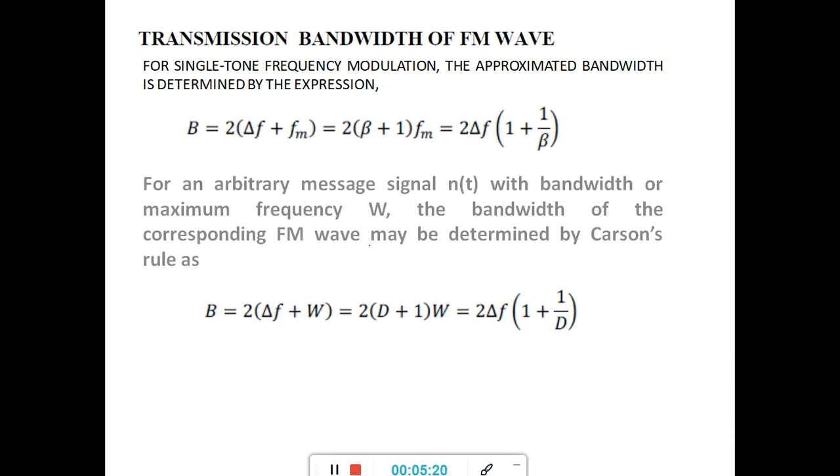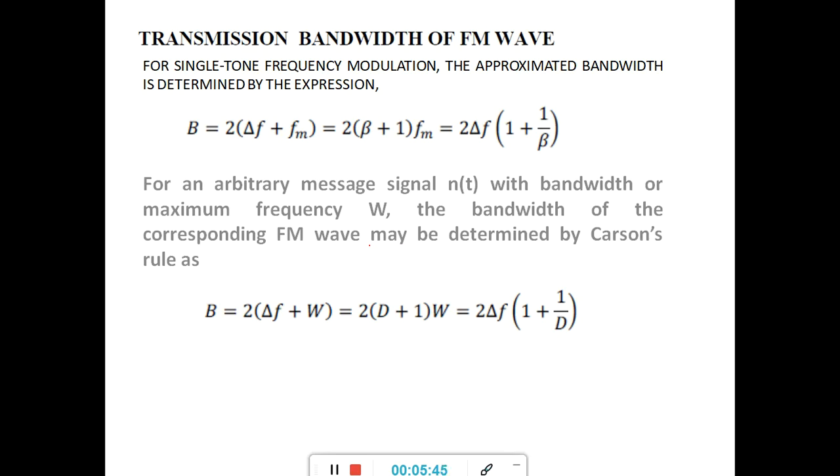The transmission bandwidth of FM depends on the modulation index, or we can say it depends on the modulating amplitude and modulating frequency. So it is almost impossible to determine the exact bandwidth of the FM signal.